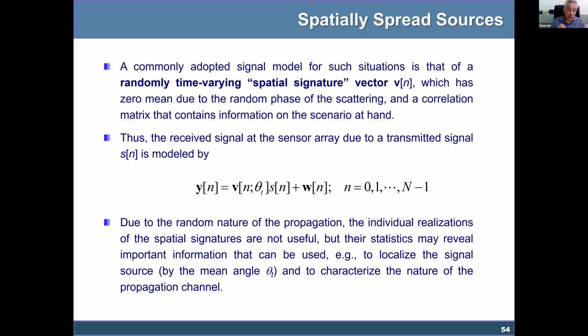if the source is spread, so is distributed over a space, or the medium is not ideal, how can we change the previous ideal model to take this non-ideal effect into account? The most commonly adopted model is the following.